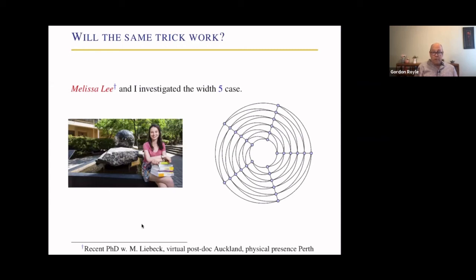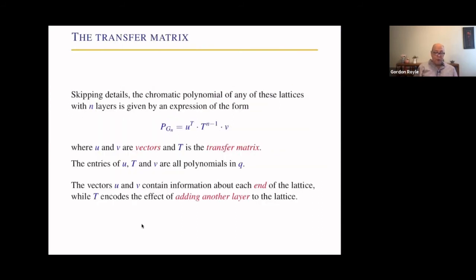Okay, so this is my lattice. It's got width 5, and the family increases in size by adding additional layers. And we're always going to be thinking, what do we do when this number of layers gets very large? Well, I'm going to skip a lot of details here and just observe that there's a general theory that says that the chromatic polynomial of any of these lattices with n layers of repeating structure has this form.